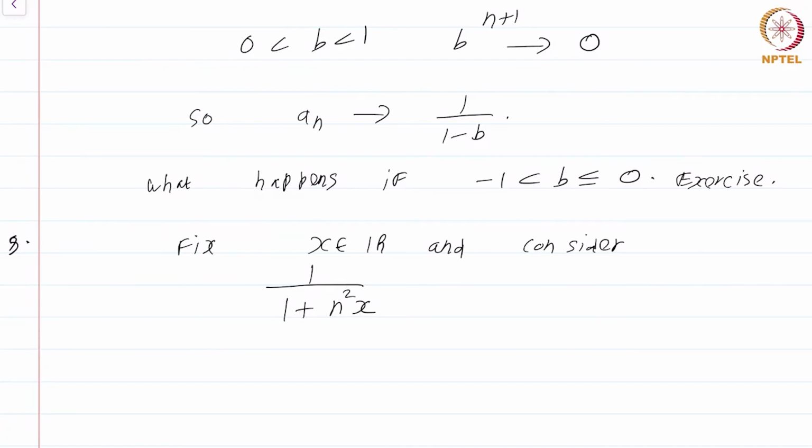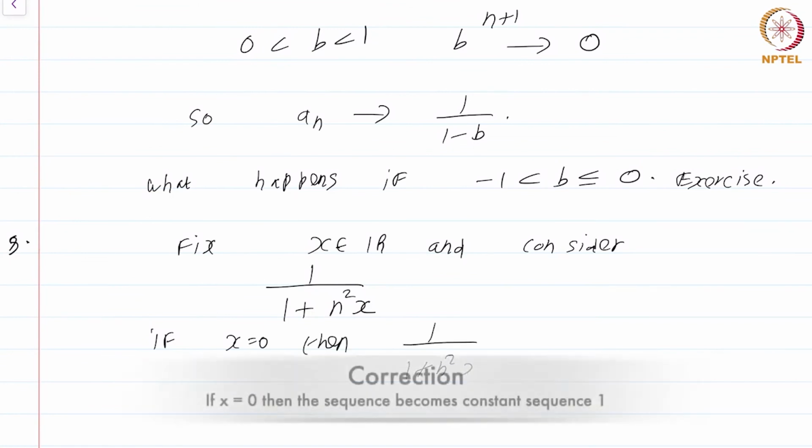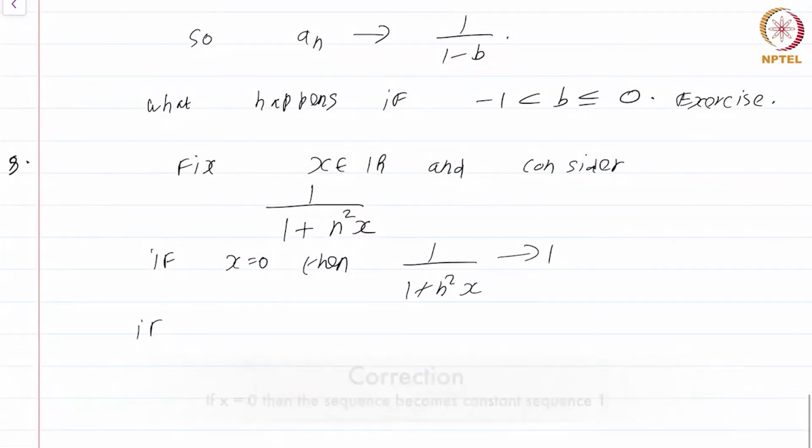We want to show that if x is 0, then 1 by (1 plus n squared x) converges to 1. There is nothing to show because this will just become 1. Now, if x is not 0, then 1 by (1 plus n squared x) converges to, as you can guess, 0.